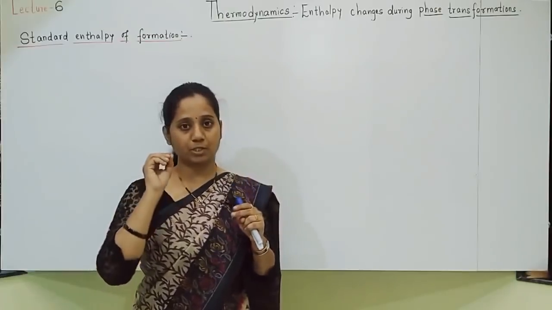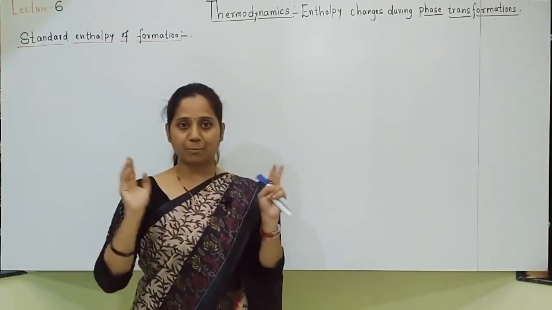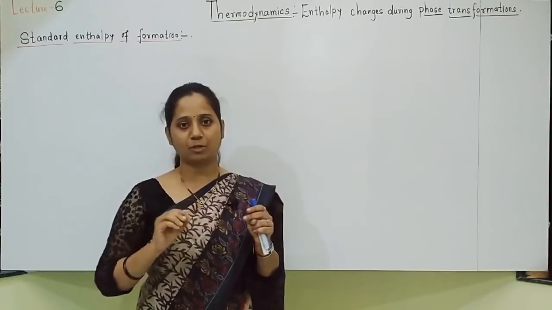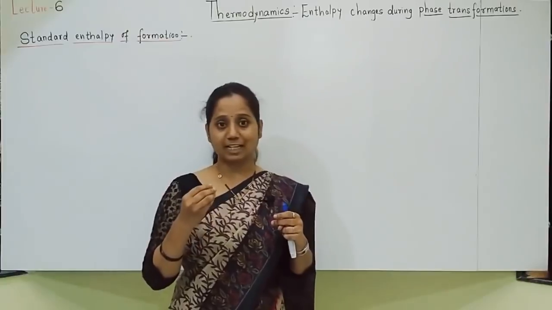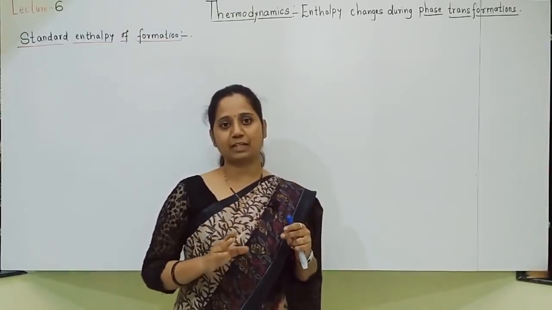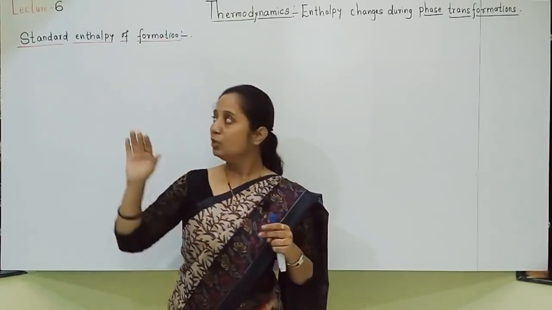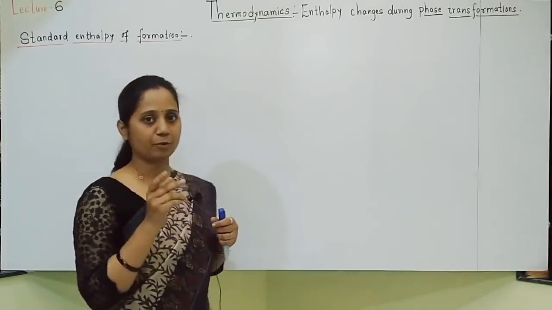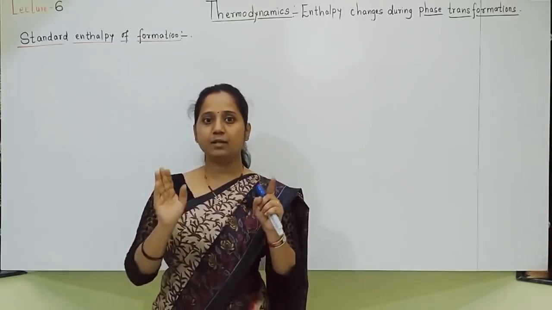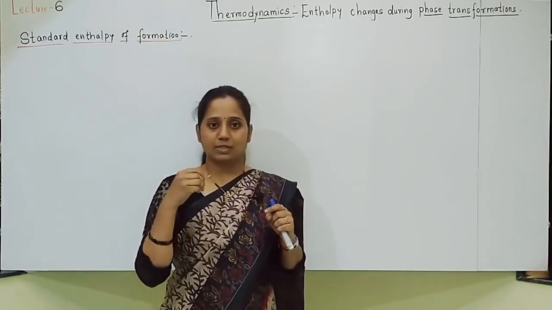Things go on understanding now. Standard enthalpy of formation, I am telling this definition separately because it is very important. Based on this, for Hess law we have to write equations. So based on standard enthalpy of formation especially you have to write the equations and conversions. Let us understand this exactly. What is standard enthalpy of formation? It is the change in enthalpy when something is forming.